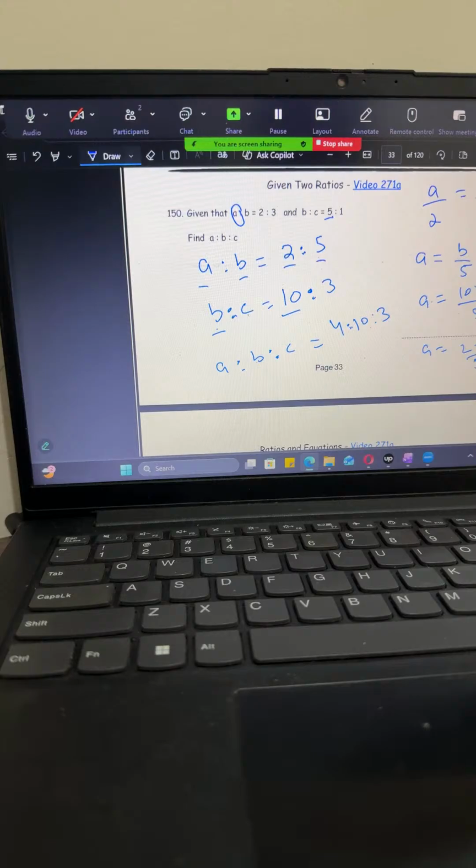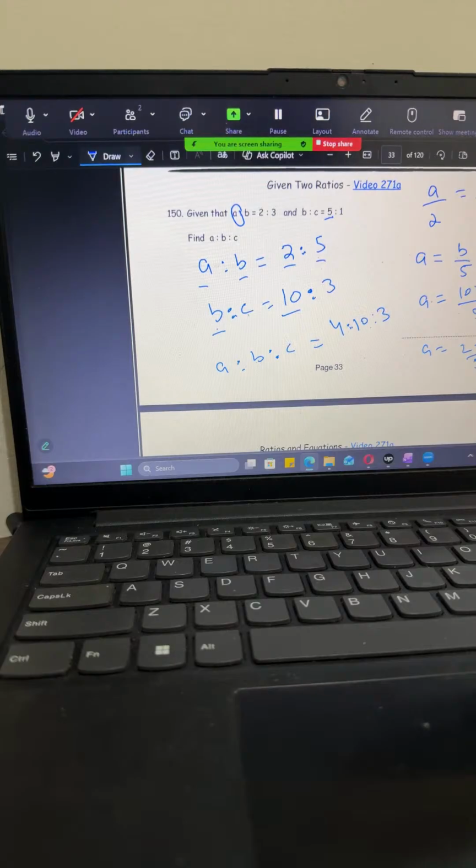And then we did A divided by 2 is equals to B divided by 5. And now we need to find the A when B is 10. So we will set up this equation for A, put B is equals to 10 to find the value of A. And after that we can just replace it over there. So 4 ratio 10 ratio 3. Is it clear? Yeah, it's cool.